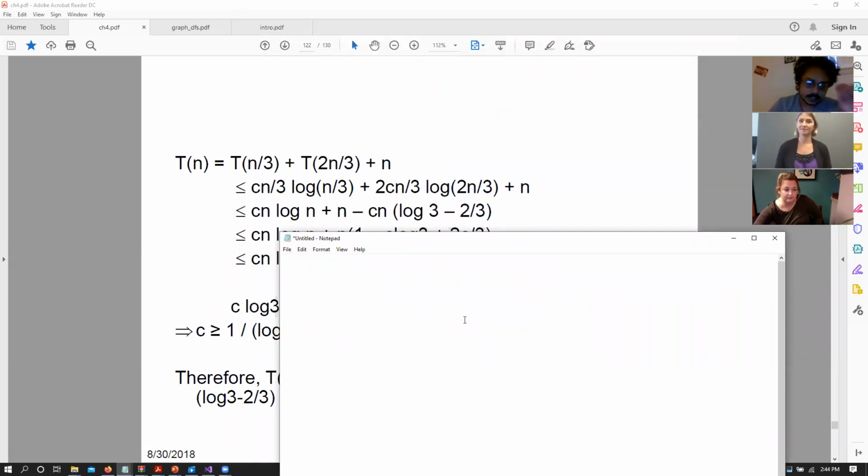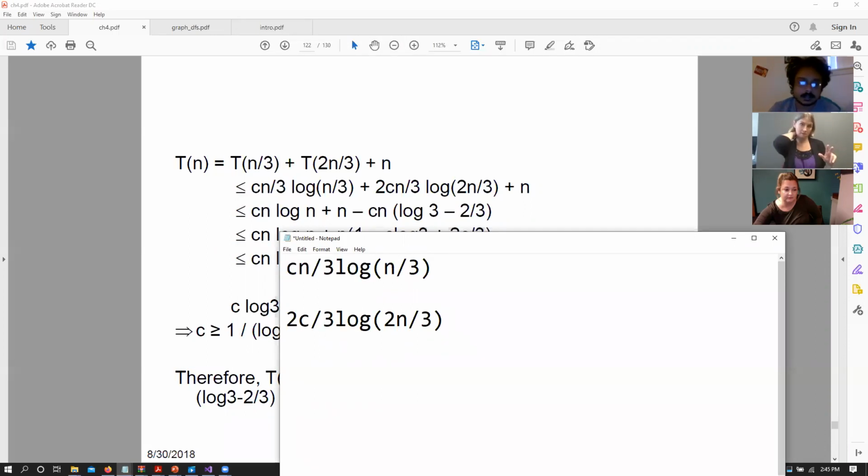Now, we have two equations here, Cn/3 log(n/3) and 2Cn/3 log(2n/3).